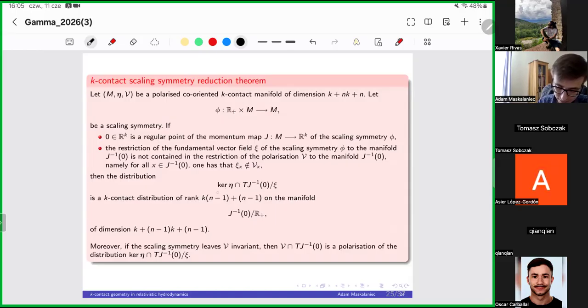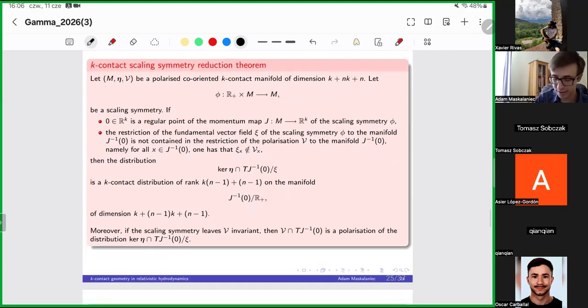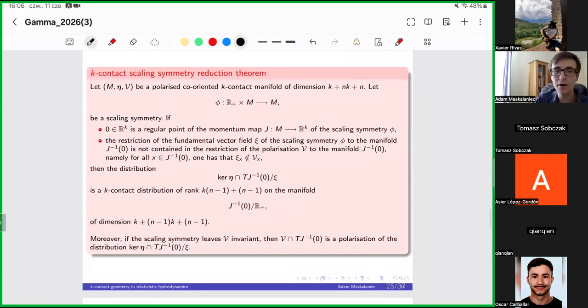Okay, this natural candidate is the intersection of the kernel of eta, our k-contact distribution, with the tangent space to this level set of our momentum map, then quotient by the distribution spanned by our infinitesimal generator of this scaling symmetry.